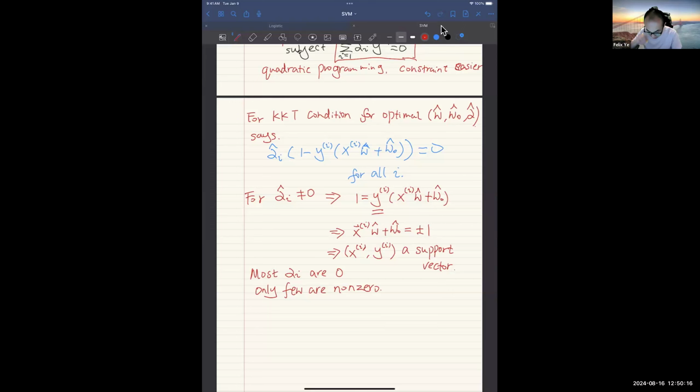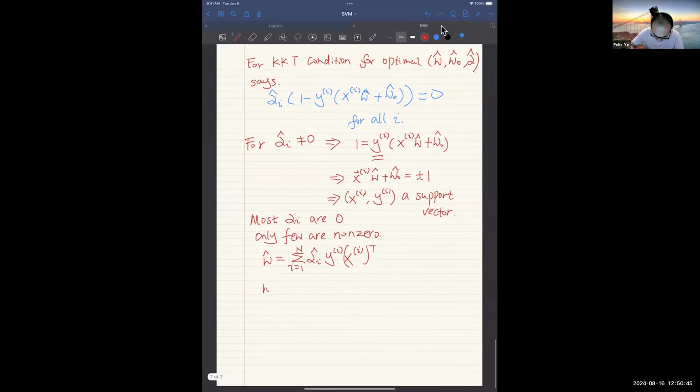All right, so my w hat, I want to remind you, is the summation of i from 1 to n of alpha i hat y_i x_i transpose. And of course, we can find the w0 hat accordingly.